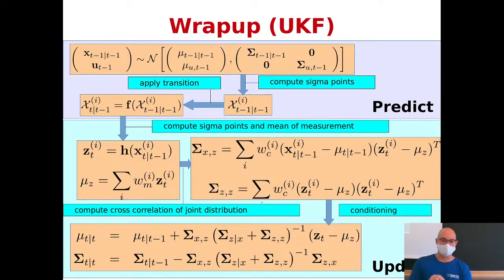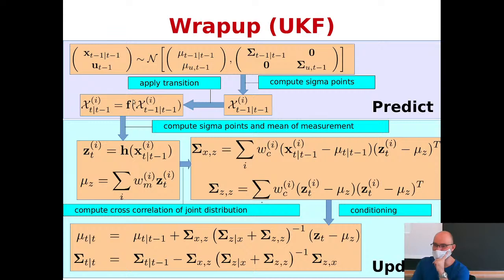And this is a fantastic slide, colorful and beautiful, that we did with much love, that describes the UKF. This is the story of the UKF. We start from a joint distribution between the previous state and the control that has this form. We calculate the sigma points and we obtain this family of sigma points.